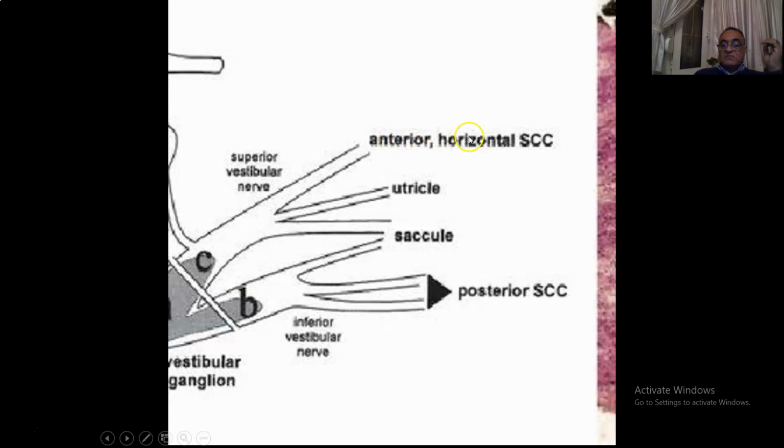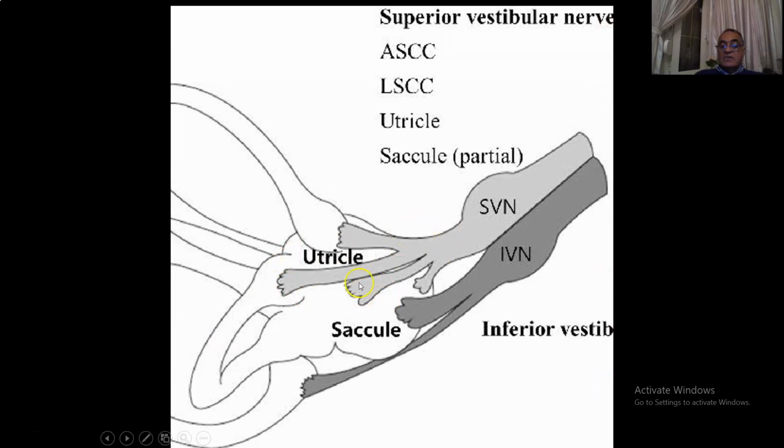Anterior or superior, lateral or horizontal, it also receives impulses from the utricle and the saccule, while the inferior vestibular nerve receives impulses from the saccule and from the posterior semicircular canal. Again, the superior vestibular nerve receives from the anterior semicircular canal, the lateral semicircular canal, the utricle, and the saccule. The inferior vestibular nerve receives impulses from the saccule and from the posterior or inferior semicircular canal.